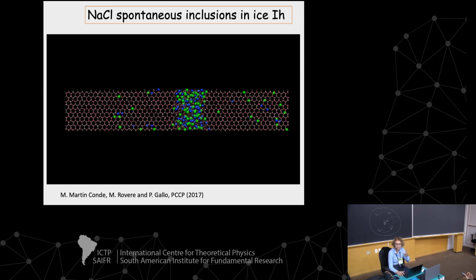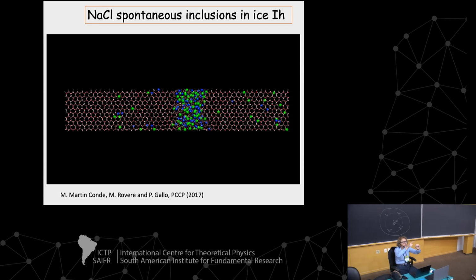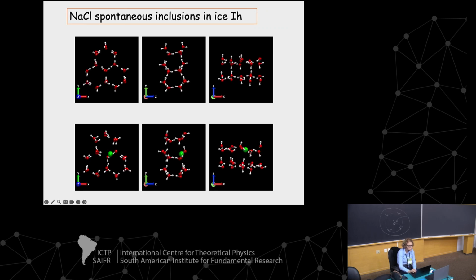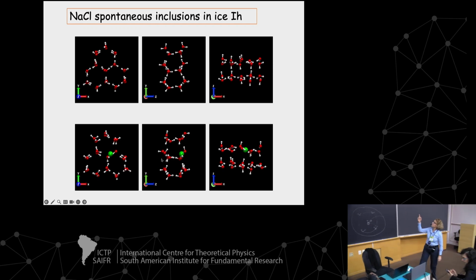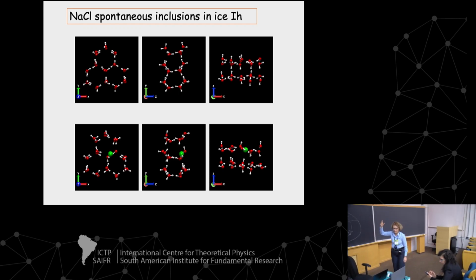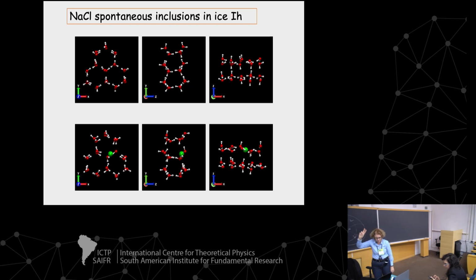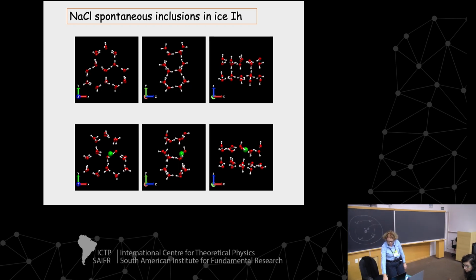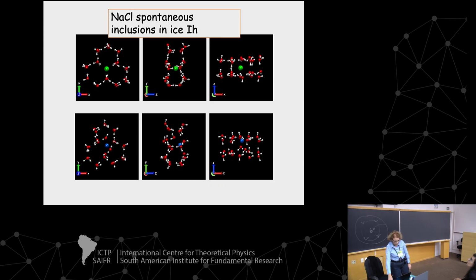So the lattice is not deformed, but water molecules are missing, and in the middle of the position of these 2 water molecules, you have the chlorine. These are snapshots of the ice with the chlorine, and if you count, you can see that there are 2 waters missing, and that the ice is not distorted.